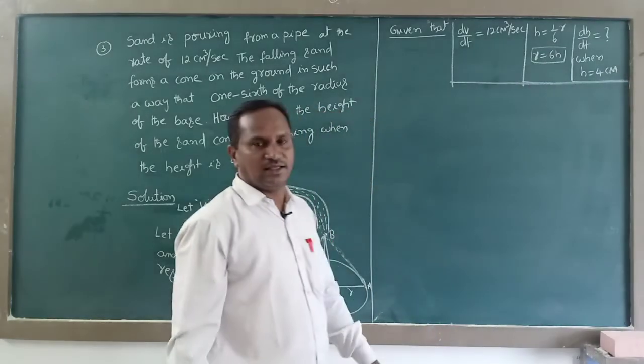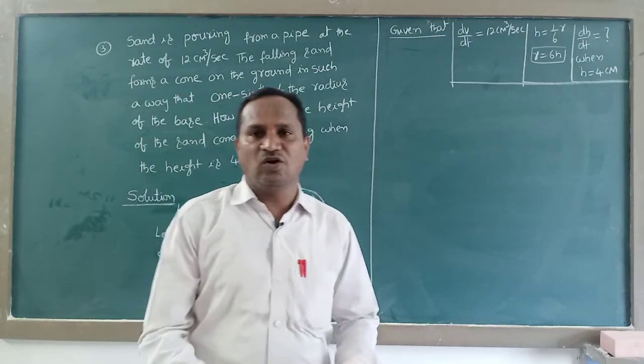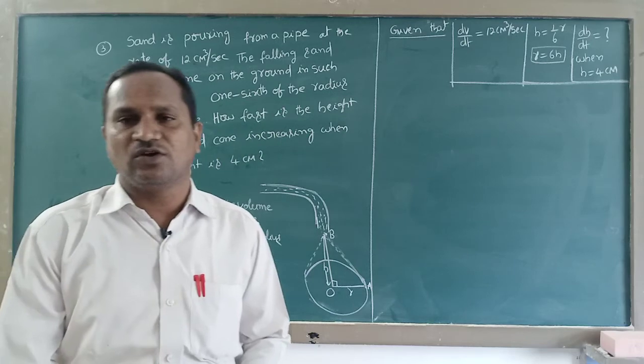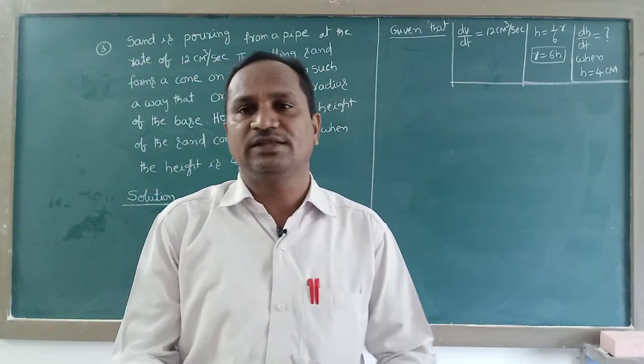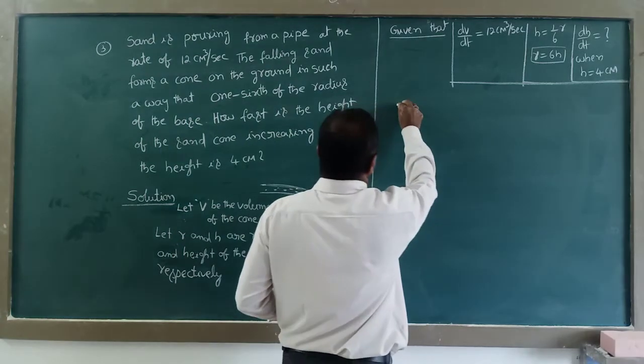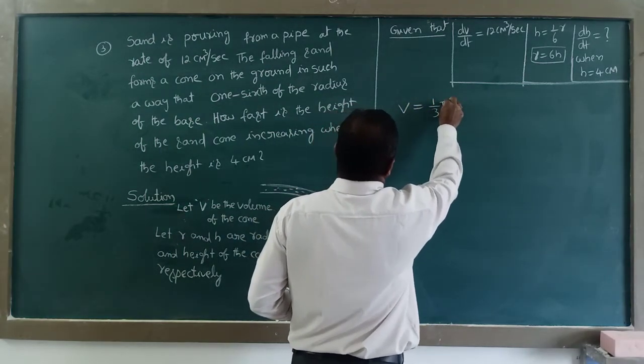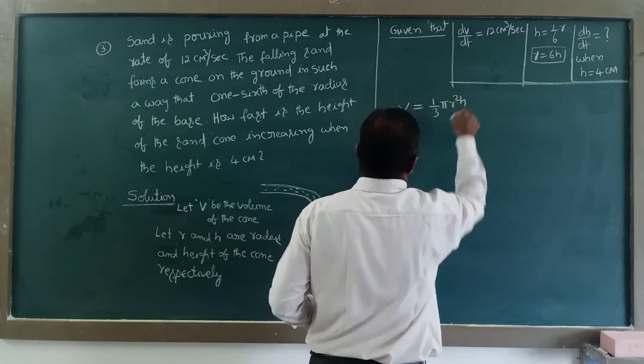That is what they are asking in the question. That's why here you have to apply the volume of the cone formula. What is the volume of the cone formula? V is equal to 1/3 pi r square h.